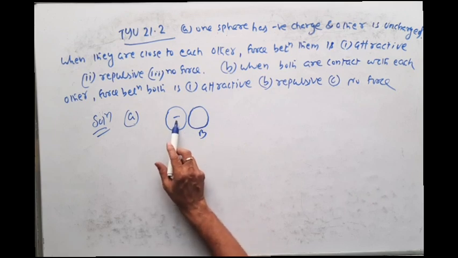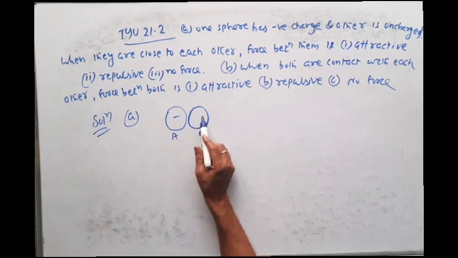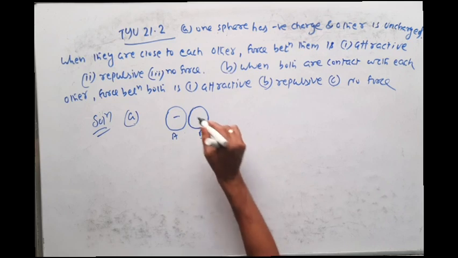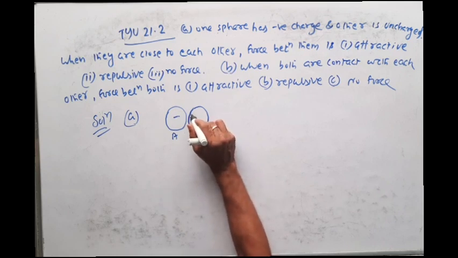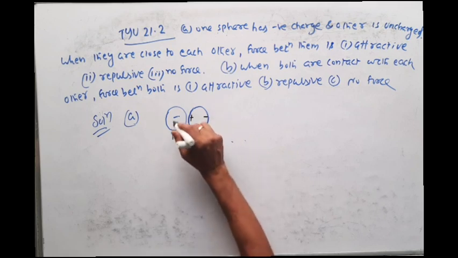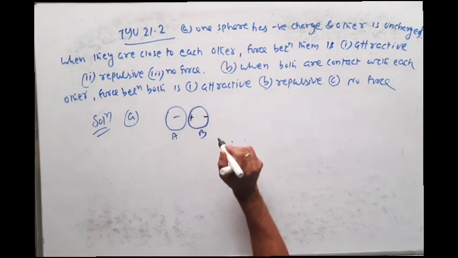Okay, I am doing. So this is negative charge, this is uncharged body. When they are very close to each other, what will happen? This side will behave positive, this side will behave negative charge, according to the principle of induction.